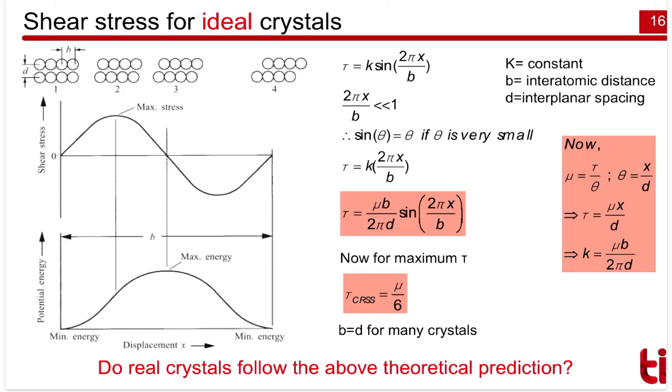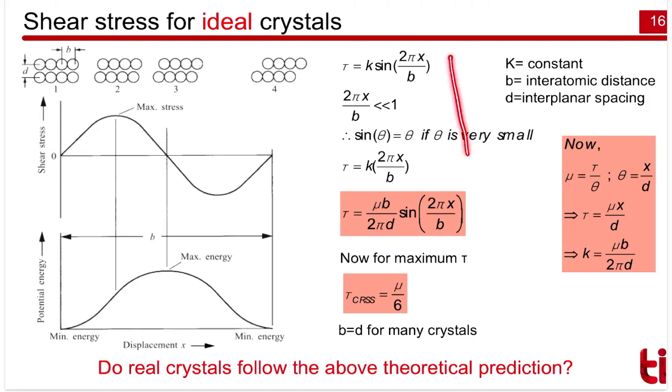Here, this is the interplanar spacing d. This is the Burgers vector, because the Burgers vector is generally half of the close packed direction, as you have studied in crystal imperfection.